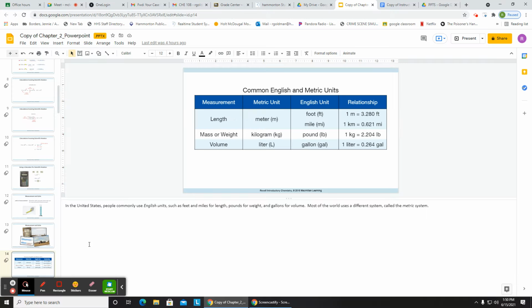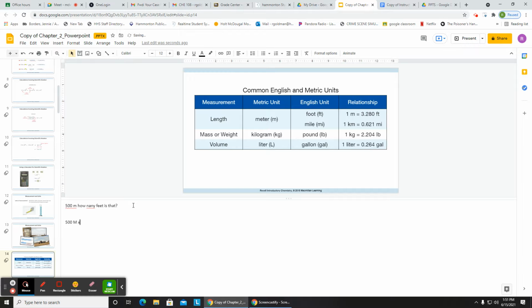So imagine if the problem said, oh, look, you have 500 meters. How many feet is that? The way you do this, and the way you do every dimensional problem, is you start off with your initial given, 500 meters. And then you're going to multiply it.